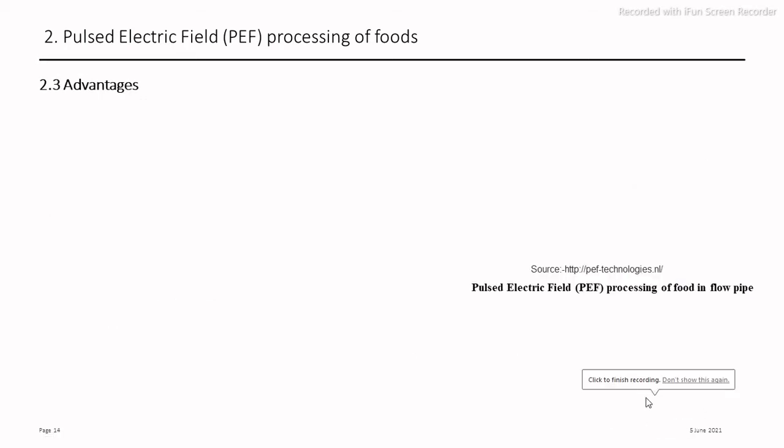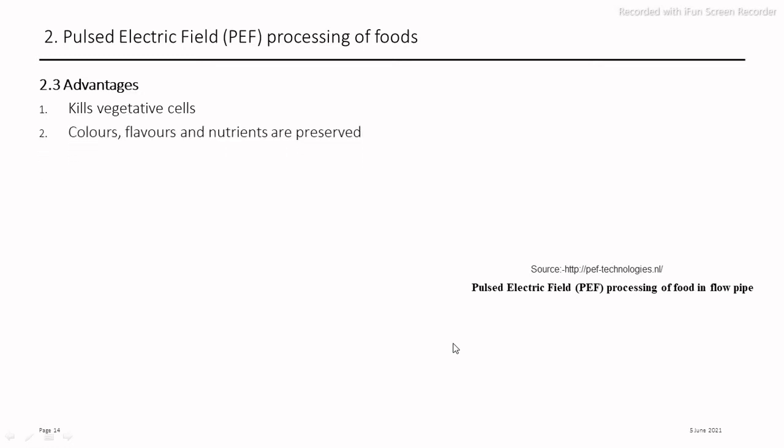Advantages and disadvantages of pulsed electrical field technology. First, the advantages: pulsed electrical field is a non-thermal food preservation technique, so the natural nutritive value, color and flavor of the food products are retained during processing.